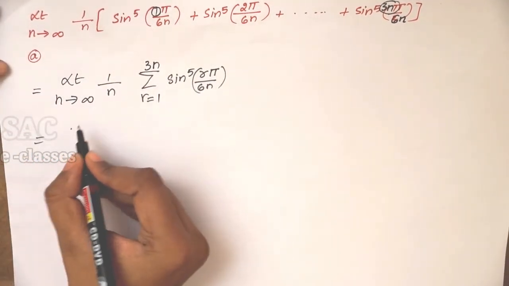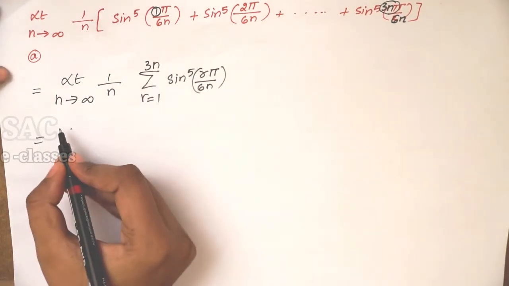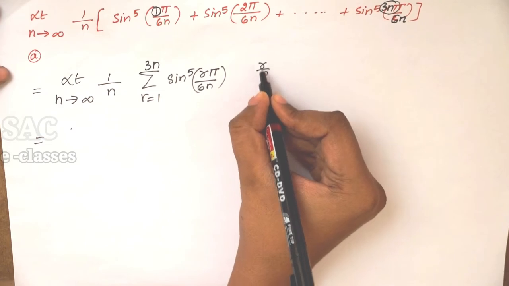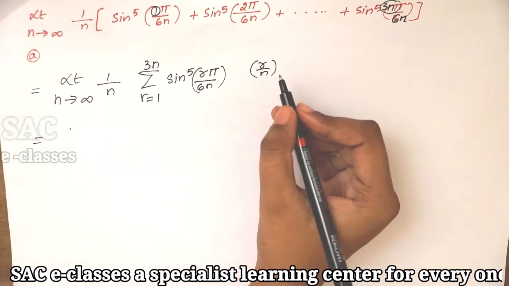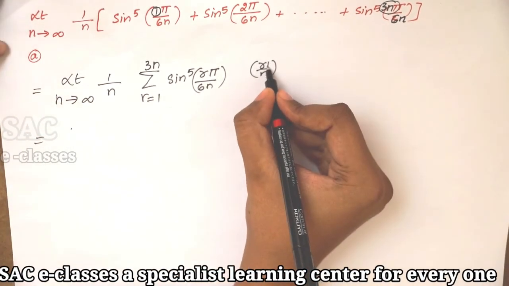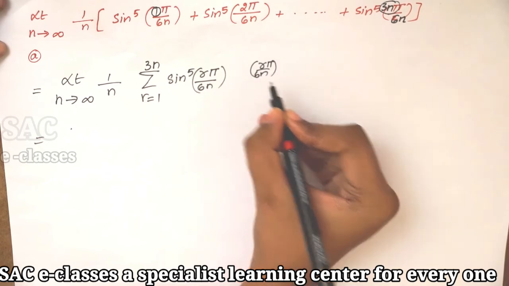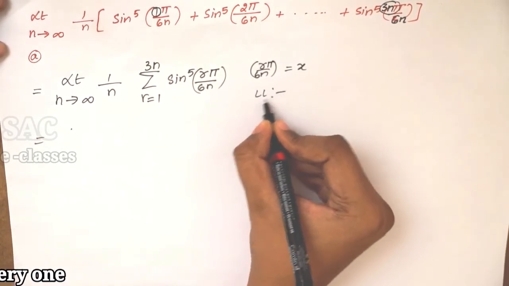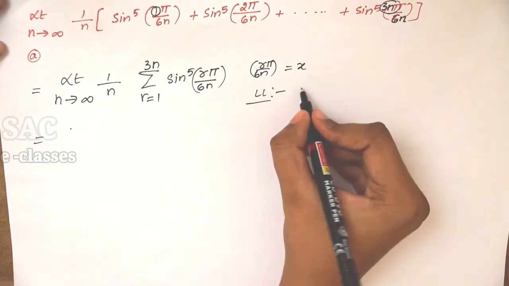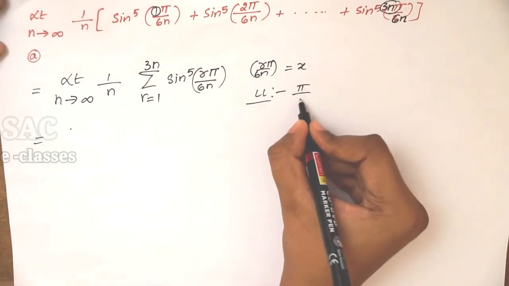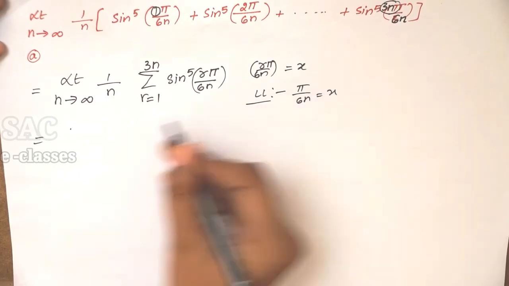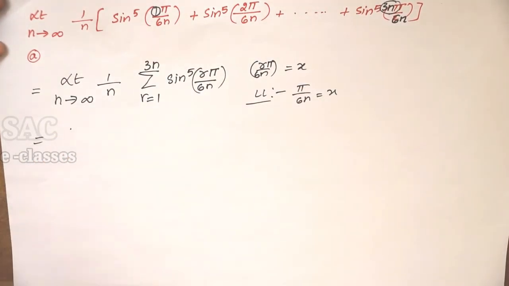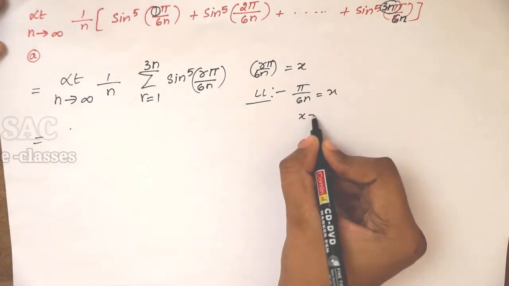So clearly this will become, by taking that r by n value, r pi by 6n value as x. The lower limit is, here it is 1, pi by 6n; we know that as n tends to infinity, pi by 6n will give you 0.